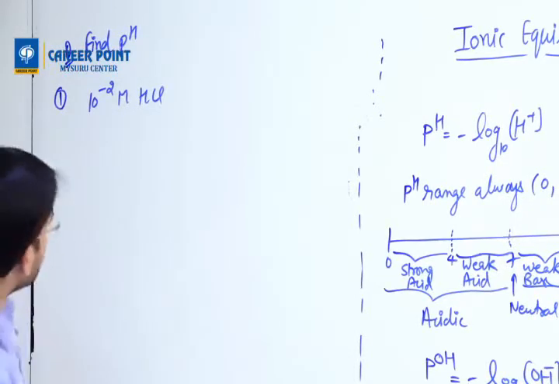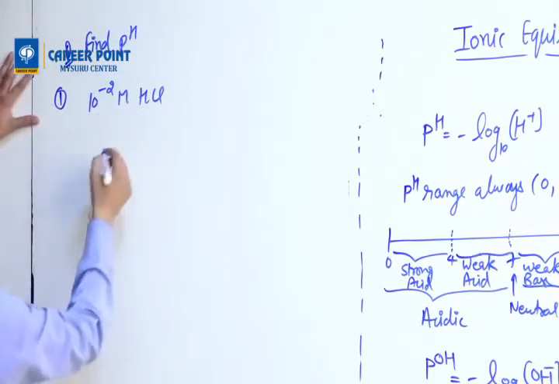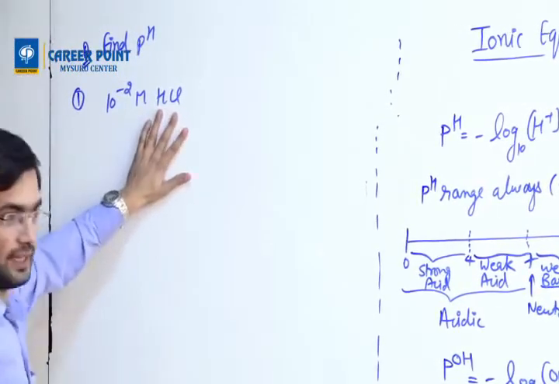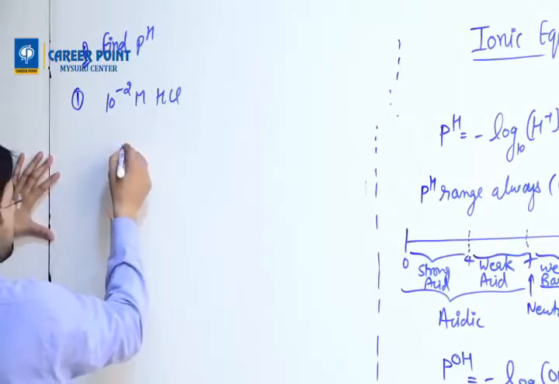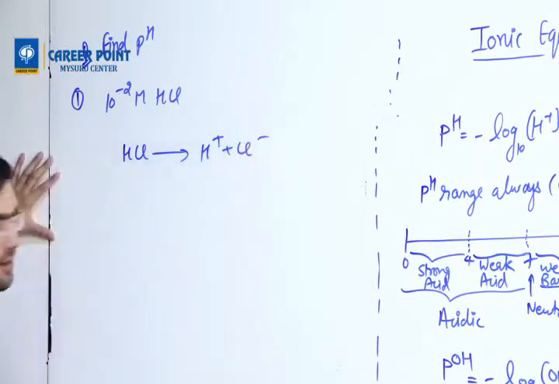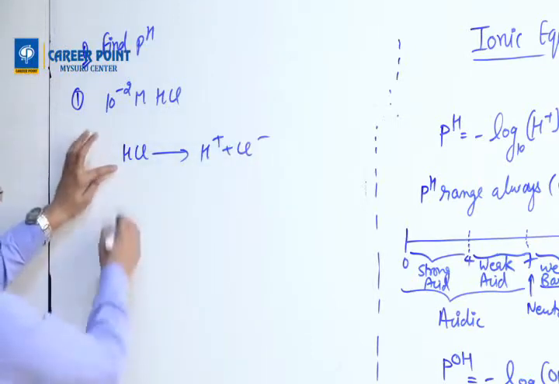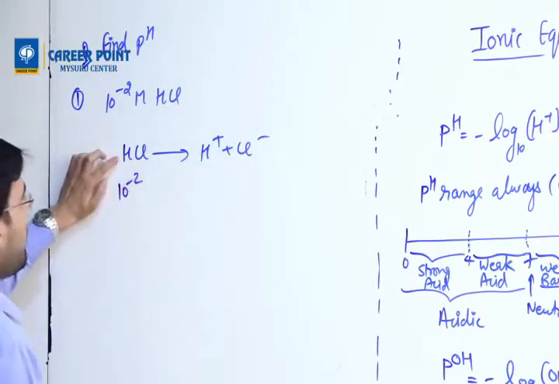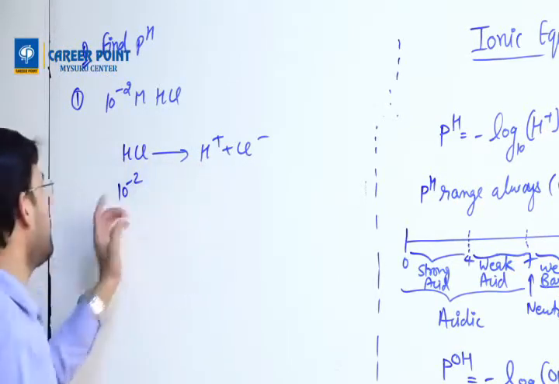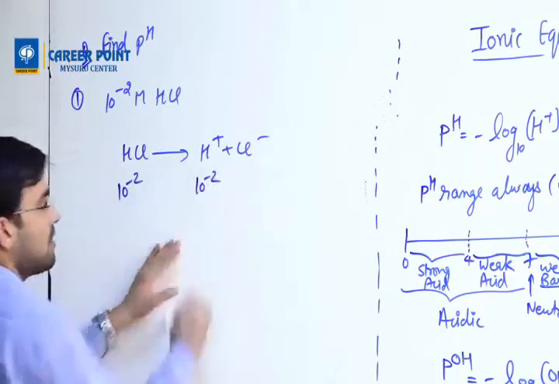Okay, see here then. First thing you will do is take this HCl and break it. HCl is broken into H plus and Cl minus. Then whatever concentration is there, you find the stoichiometry here. Single 1 mole gives you 1 mole. So this value is also 10 power minus 2.